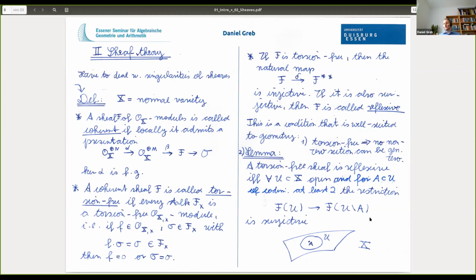This means that sections in F automatically extend over codimension 2 subsets like A. If you come from a holomorphic or function theoretic background, this means the Riemann extension theorem holds for F. That's a very geometric condition as well. It's an extension requirement on sections, which means that there are no singularities in this sheaf which lie in codimension 2 or higher in some sense.